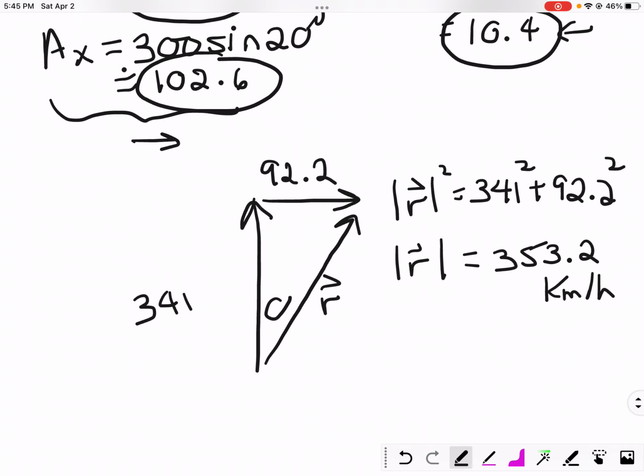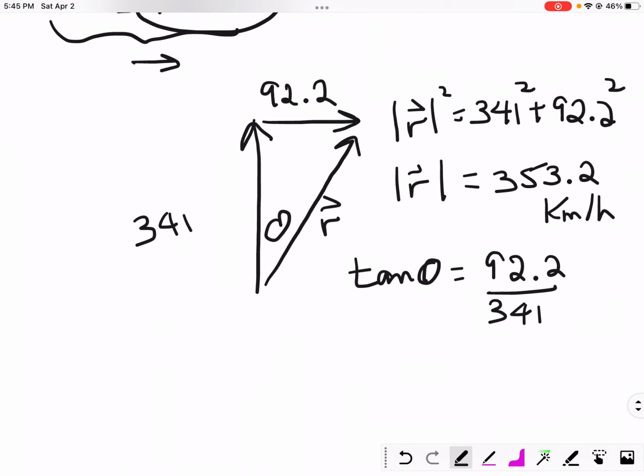To get this angle in there, I'm going to do the tangent of the angle. Tangent is opposite over adjacent. So we have to do the inverse tan of that.